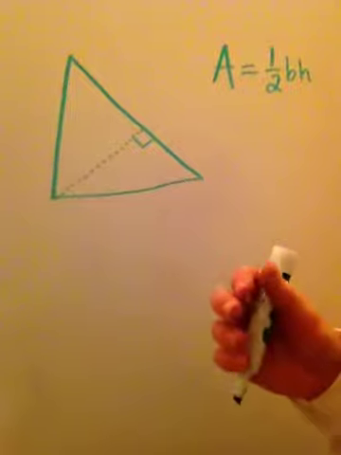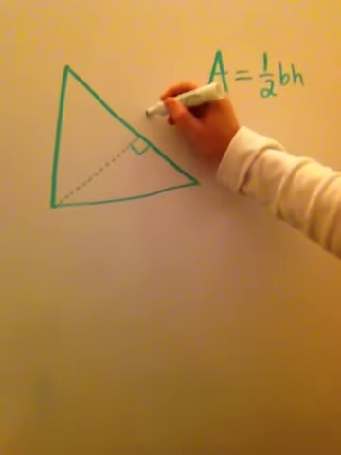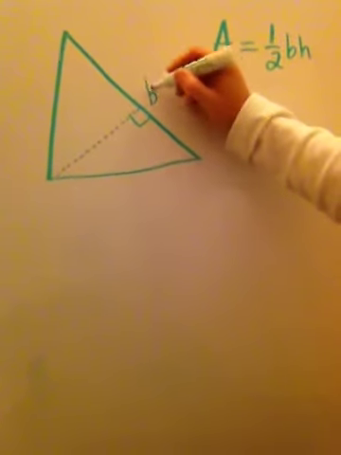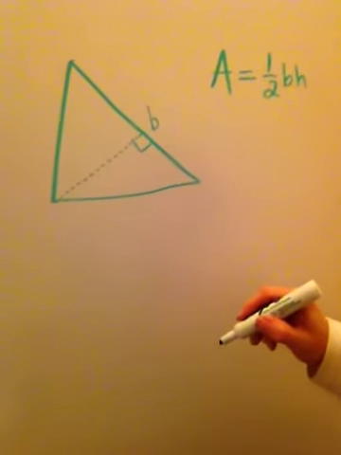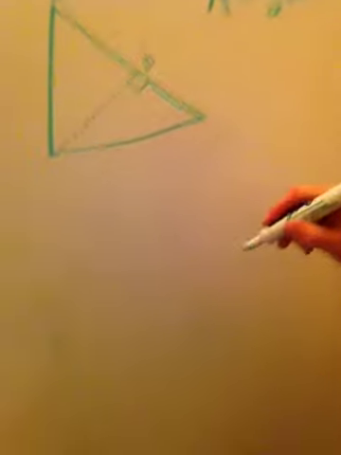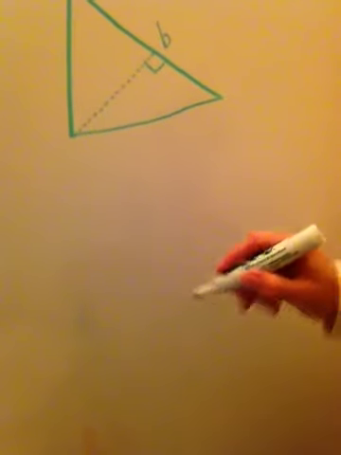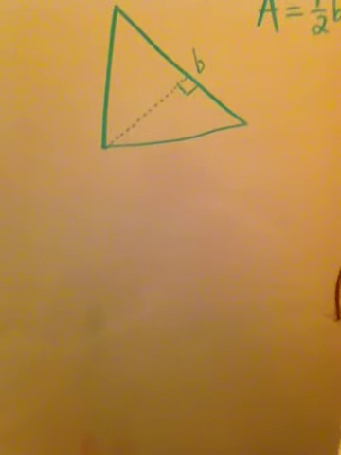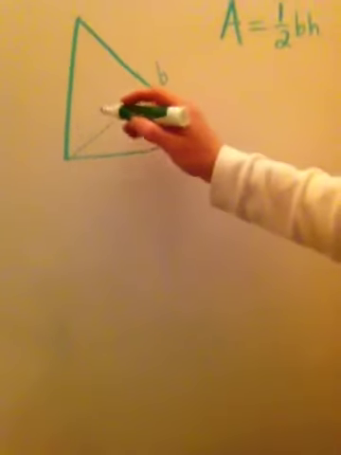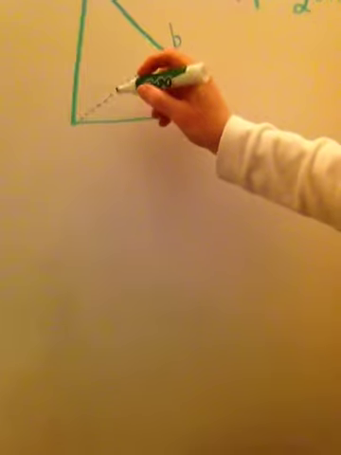So we'll do a problem similar to that. I'm just going to let B be our base, since we don't know that one. So that's a B, not a 6. And then I'm going to give just another fraction to our height.